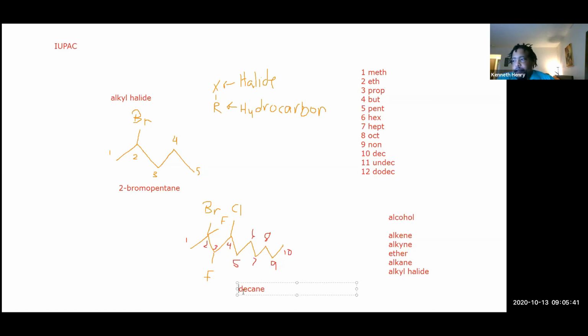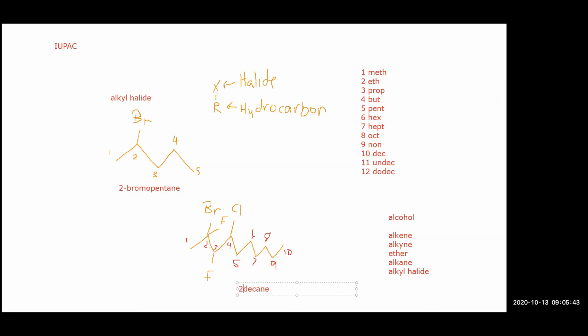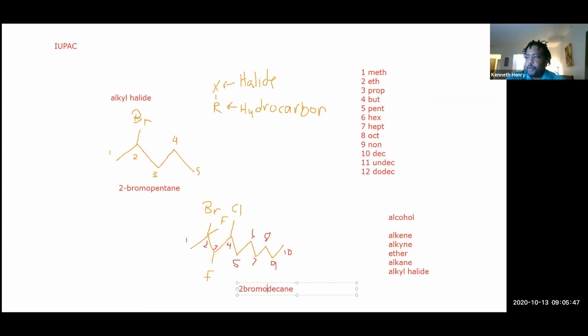2-bromo, and then we have to say where the fluoros are, because we have 2 fluoros, one here and one here.